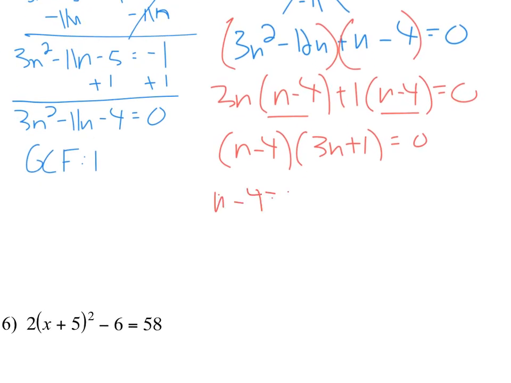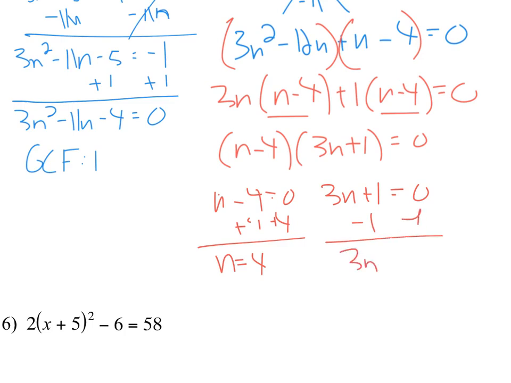N minus 4 equals 0, 3n plus 1 equals 0. Add 4, n equals 4. Subtract 1, divide by 3, and n equals negative 1/3. So there's our two answers for that one.